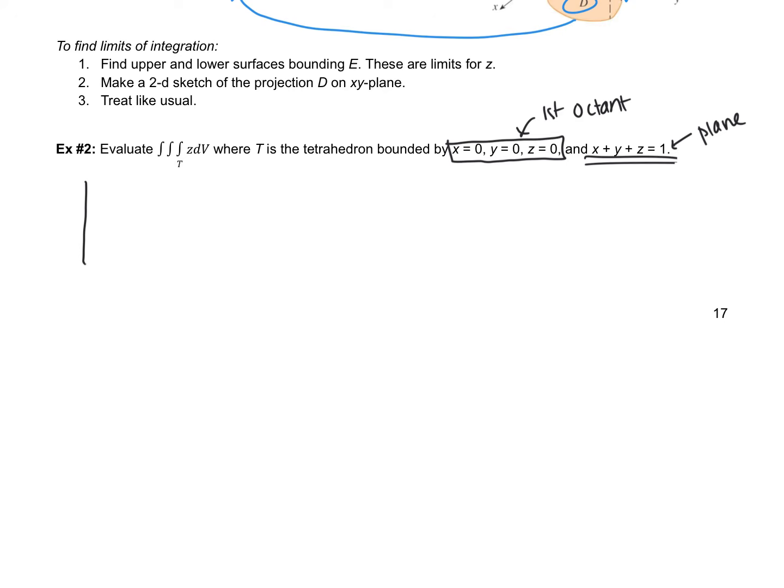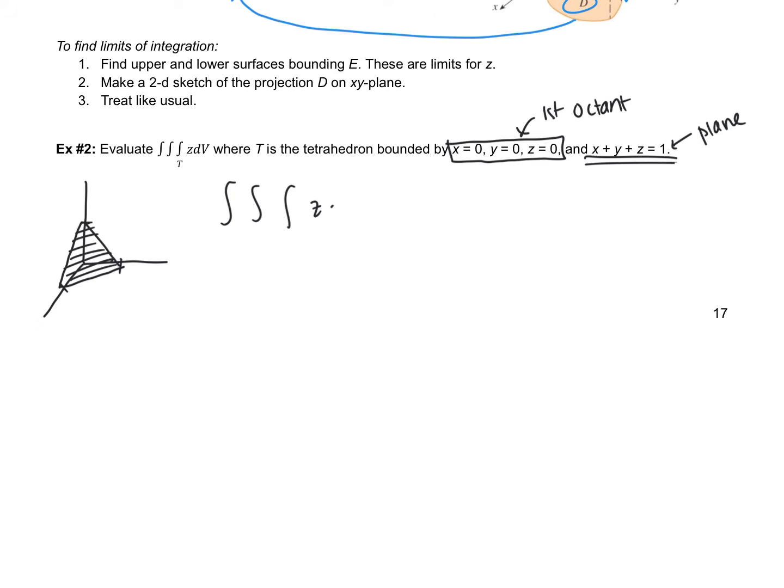So, drawing ourselves a little sketch, we're looking in the first octant only. This is a portion of that plane. Okay, so we're going to have a triple integral, and I'm giving myself some room.